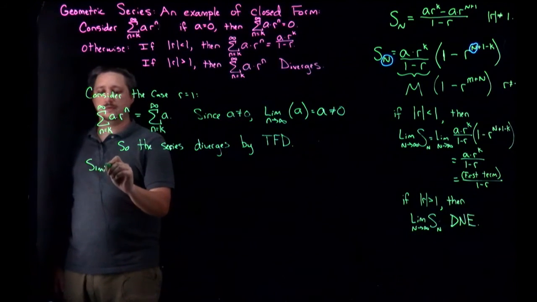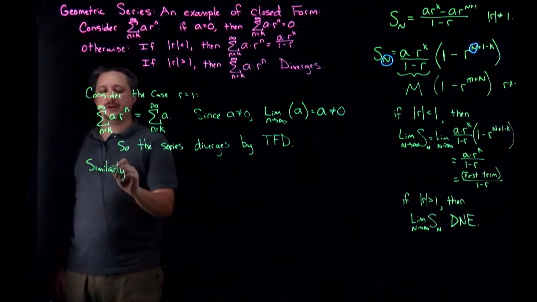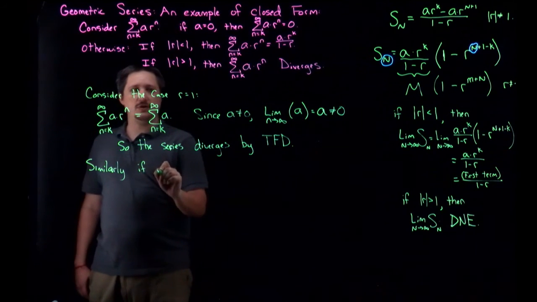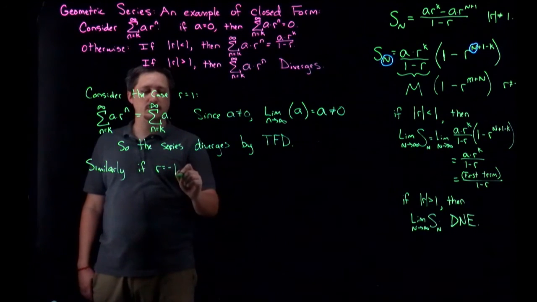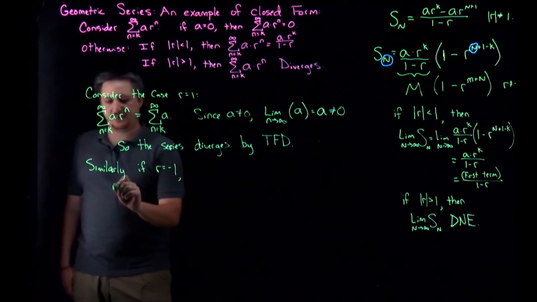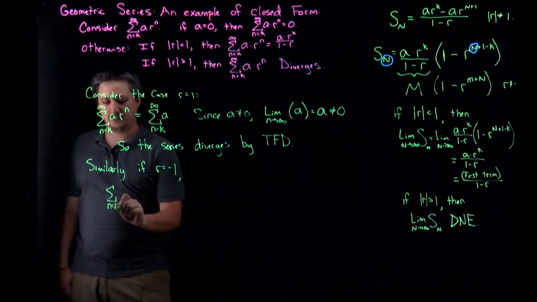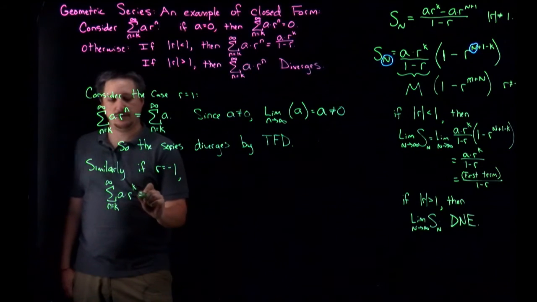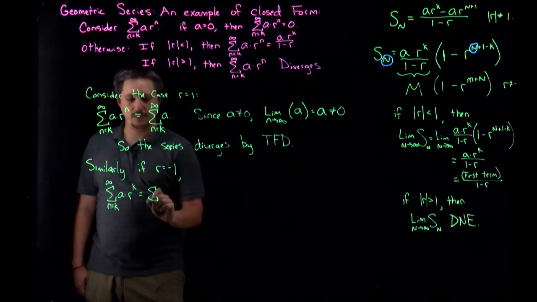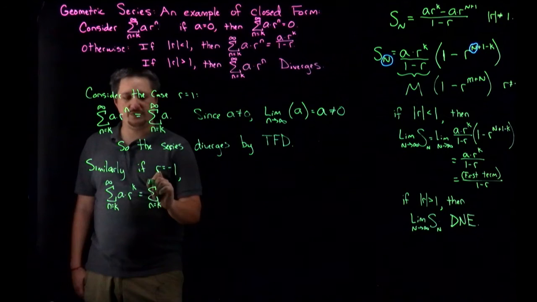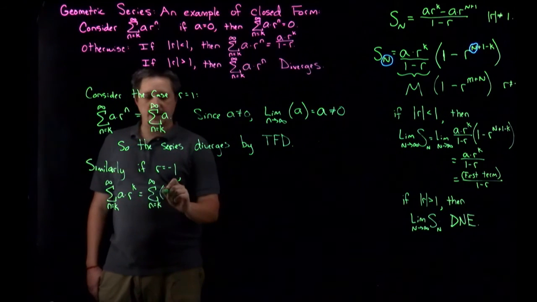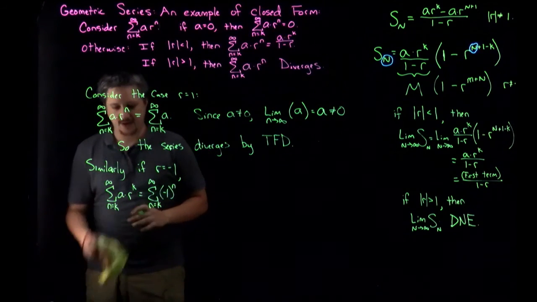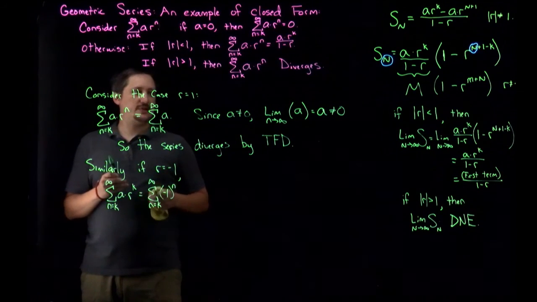Similarly, that should already be a tip-off that I'm going to get something very similar. Similarly, if r equals -1, then I have that the sum n equals k to infinity of a times r to the n is the sum n equals k to infinity of -1 to the n times a. Yeah, that should have been n, not k there.